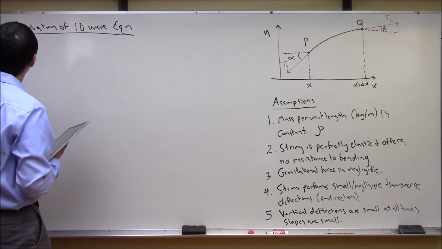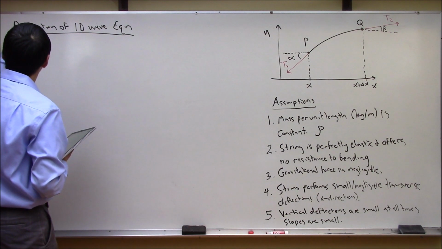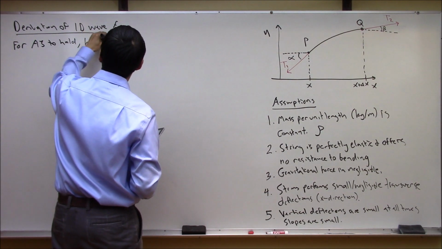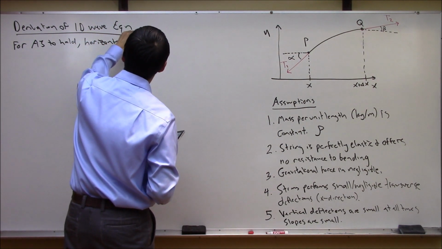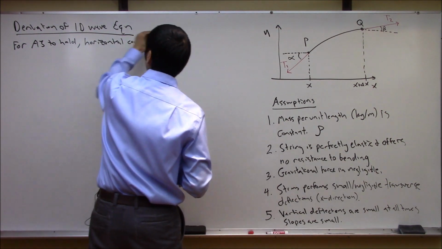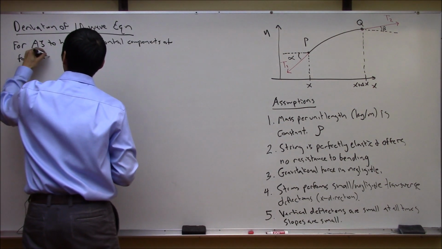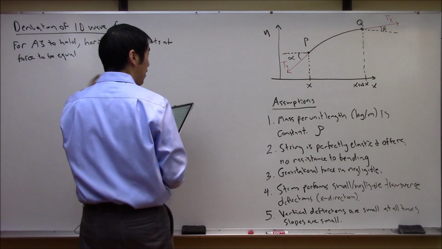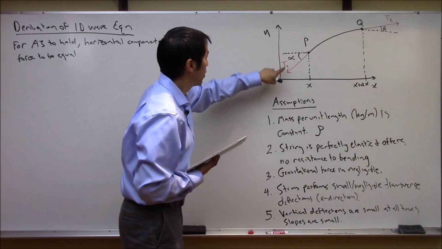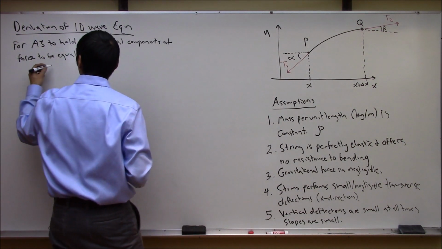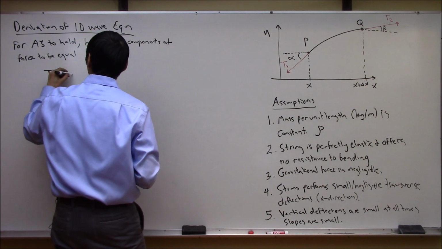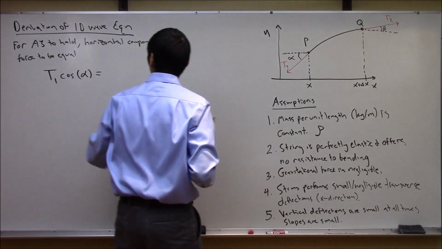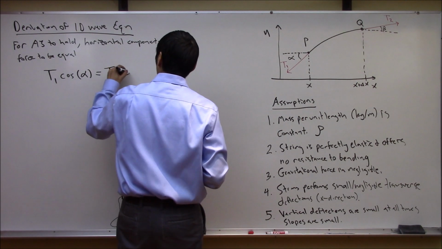So let's write down the horizontal components of the force. On the left-hand side, the horizontal component is T1 cosine alpha. That better equal the horizontal force on the right side, which is T2 cosine beta.